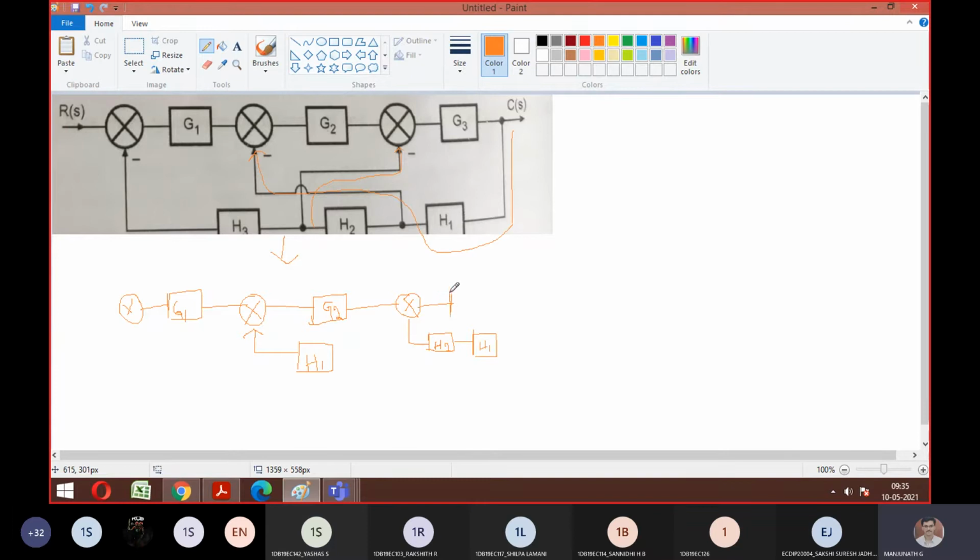I'm not doing any changes. Then here is my output part, connected to output. Similarly, this connection is also connected to this combination. Agree? This is how it looks if we do the separation. Is it fine till here? The H3 connection you have missed. Proceed.